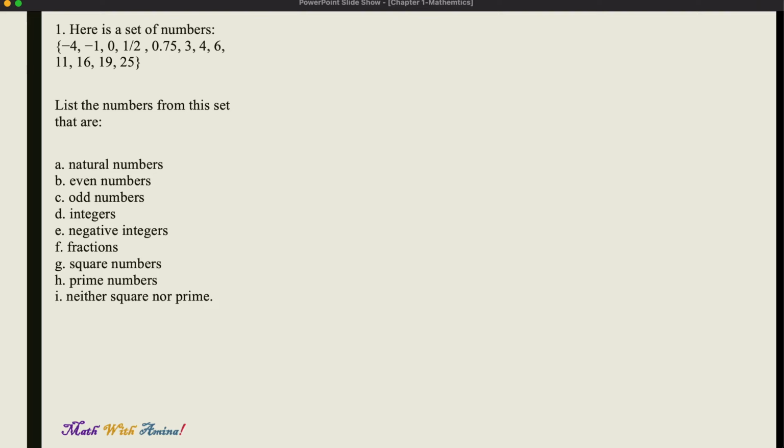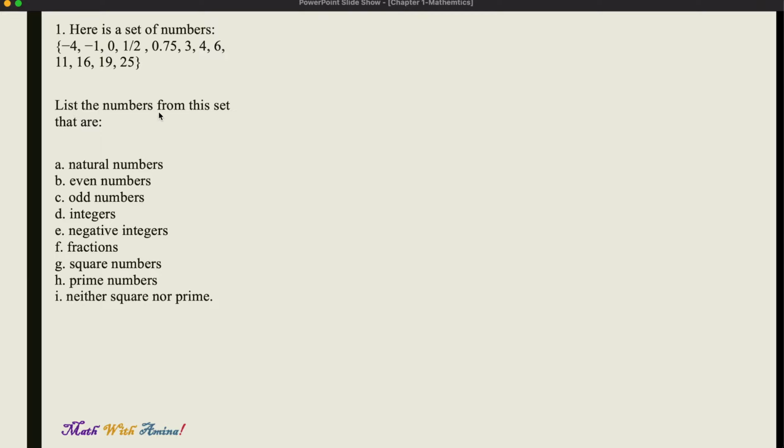Okay, so the question is, here is a set of numbers: {-4, -1, 0, 1/2, 0.75, 3, 4, 6, 11, 16, 19, and 25}. What is asked in the question?